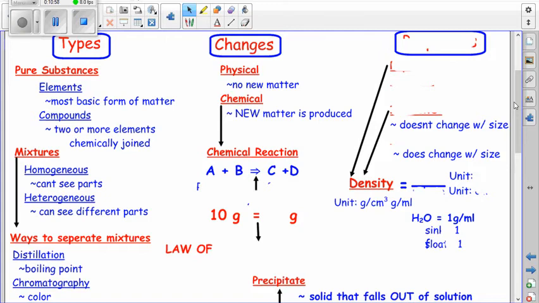So we got color, precipitate, odor, and gas produced. There's another one or two. Yes? Temperature change. It gets really hot or really cold. Stickney?